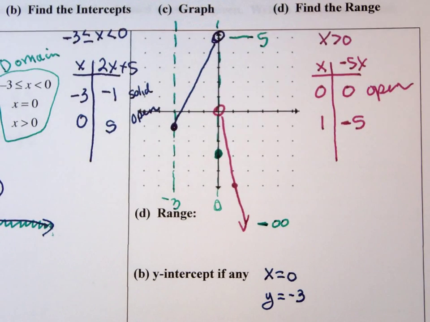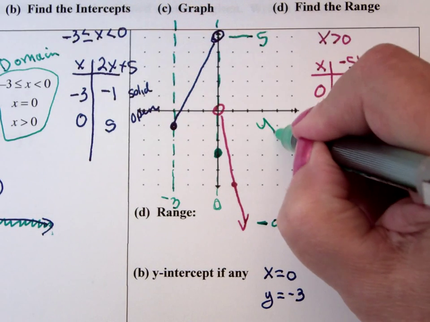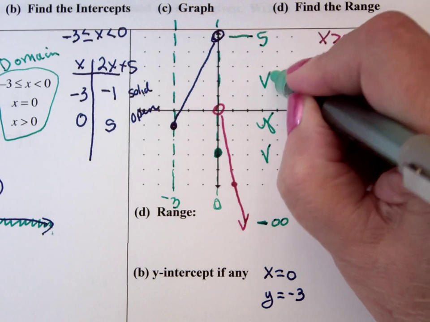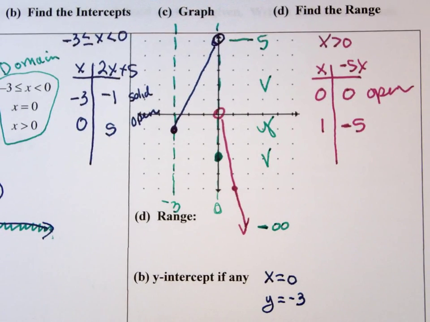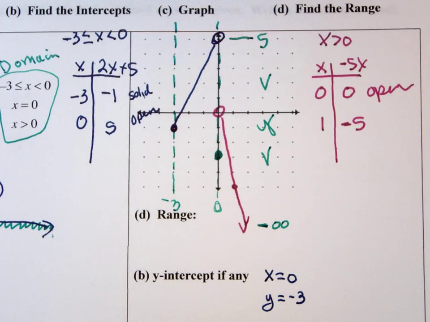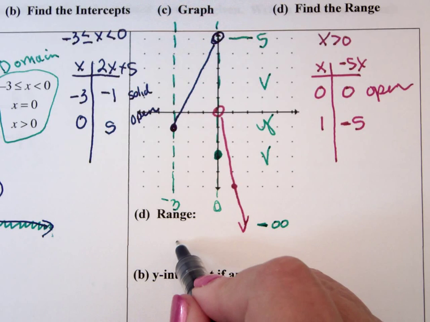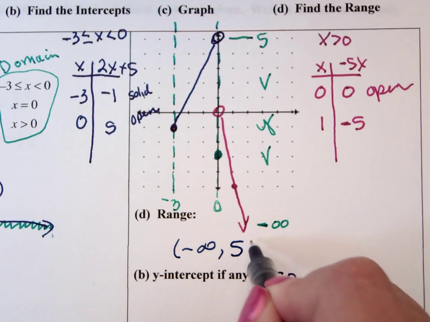So it's open at 5. So then that says y is greater than negative infinity, but less than 5 since it's an open dot. So this would be negative infinity, 5, open, open.